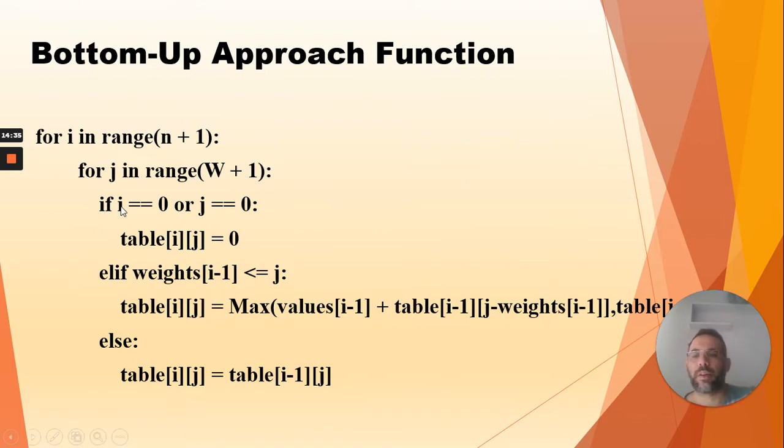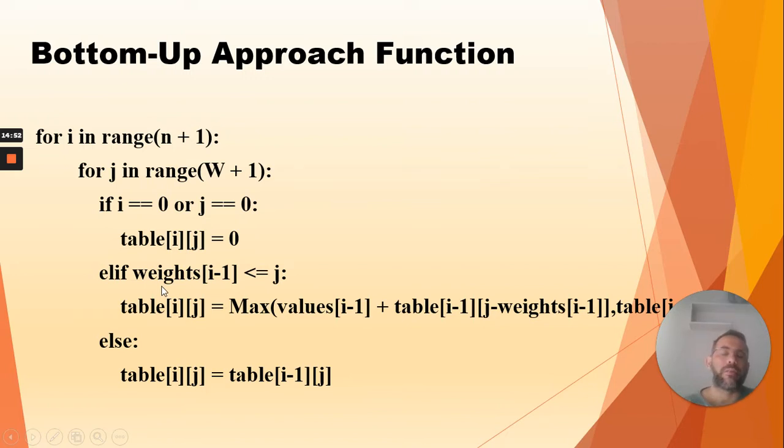As we see here, we have three cases. If there is no item or the capacity is 0, then the optimal solution is 0. Else, here we have two cases.